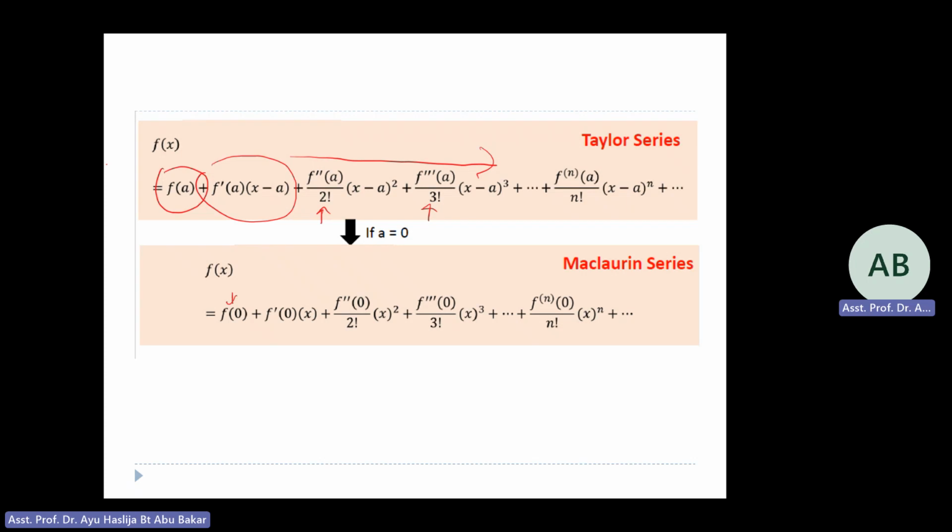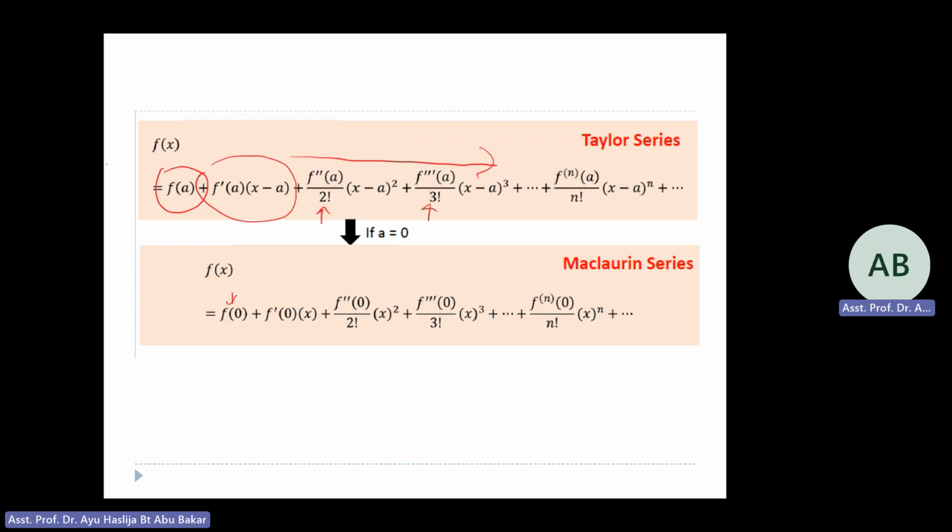How about the true error? The true error is from the true value. The true value just now is 2.71828. Okay, so the true value minus approximate value. Now we are looking at second term.